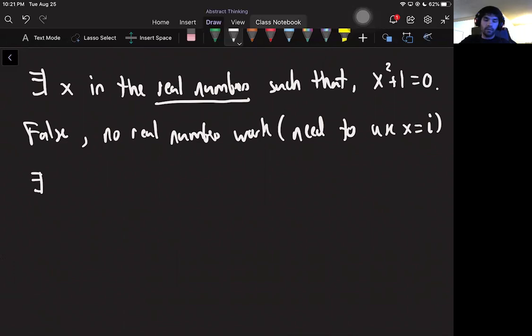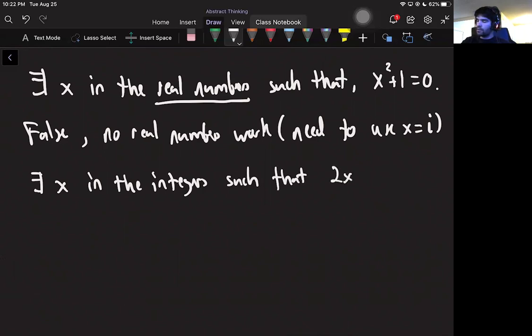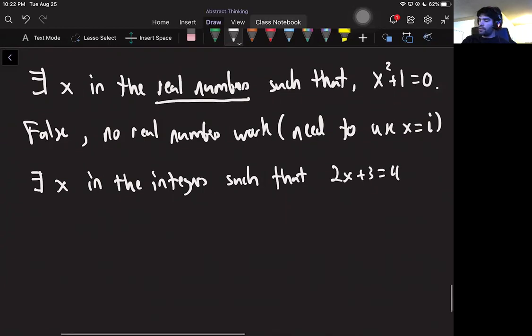Okay, so here's another one. There exists an x in the integers such that 2x plus 3 equals 4. This guy is also false.